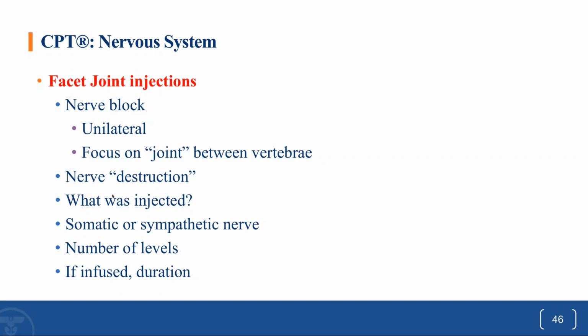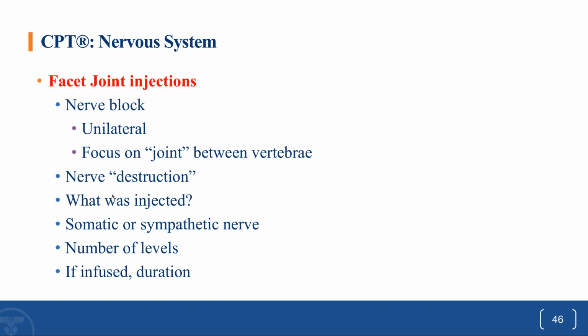And with this particular CPT code, it tells you the areas. It already mentions lumbar or sacral, single level. So when you're coding for facet joint injections, you want to know how many levels. Because you can see 64493.